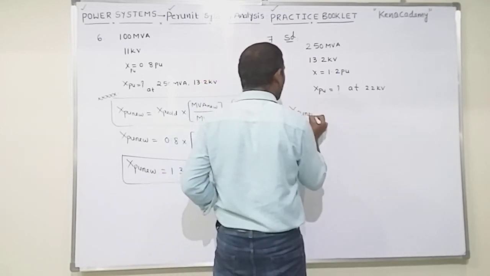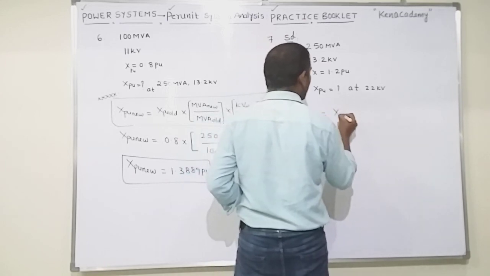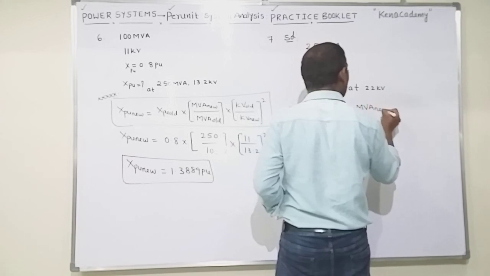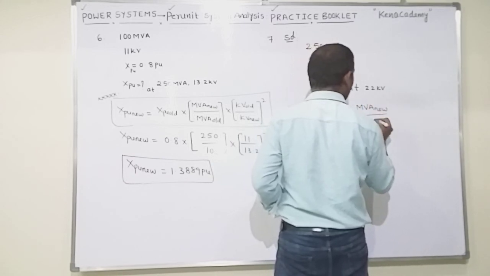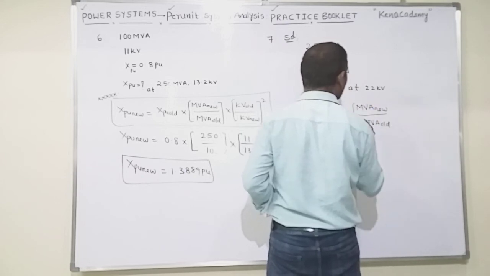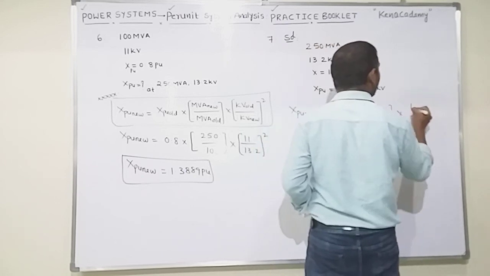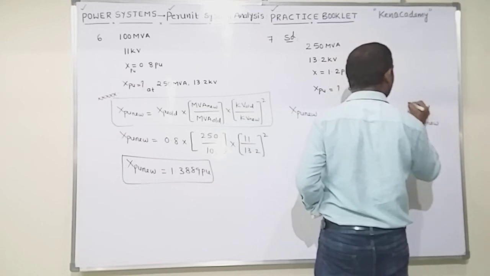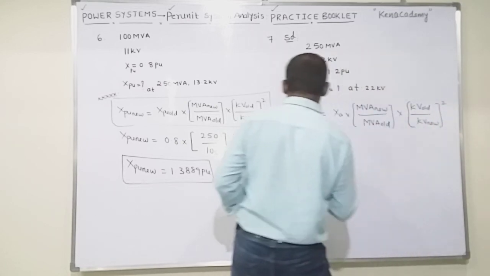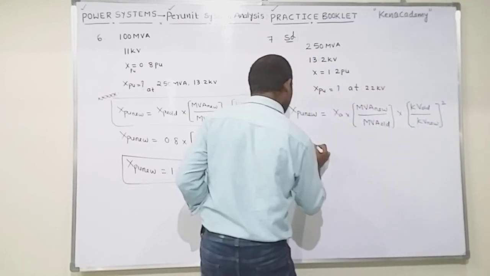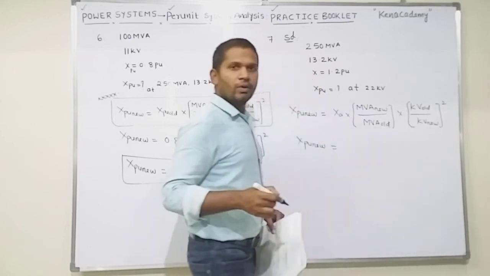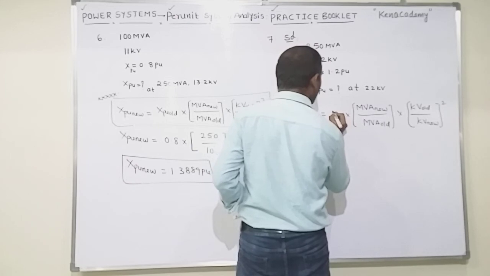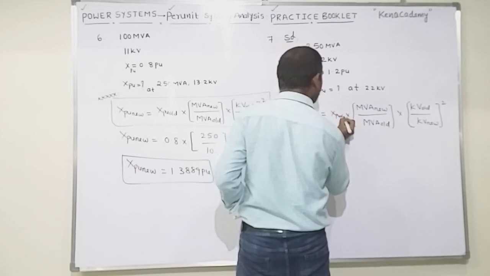X per unit new equal to X old into MVA new by MVA old base values, into kV old by kV new whole square. This formula all of you know. Now what is the X per unit new equal to? Sorry, it is X per unit old, that is correct.